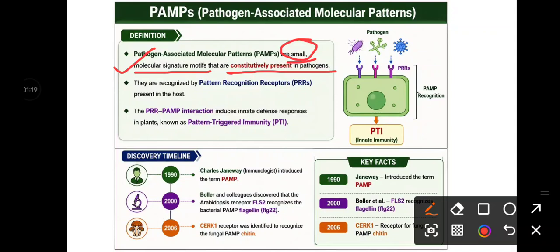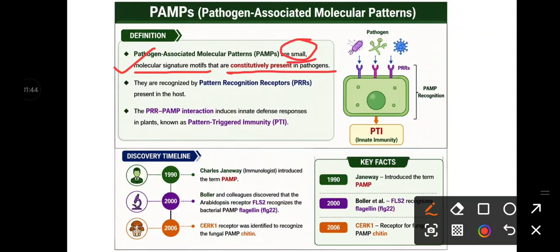It is a signature molecule for the bacteria as well as for the fungi also. And if you consider the peptidoglycan molecule, then it will definitely be present in bacteria only. So peptidoglycan is a signature molecule for the bacteria. It is not present in any type of algae or any fungi.